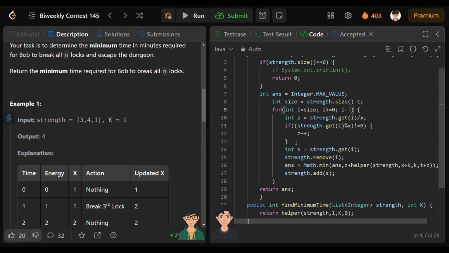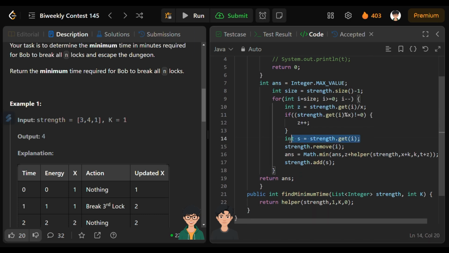This is the maths that will tell you if you want to break 3, how much time you will require. So you will require z time. Now you will remove the element which you have broken.